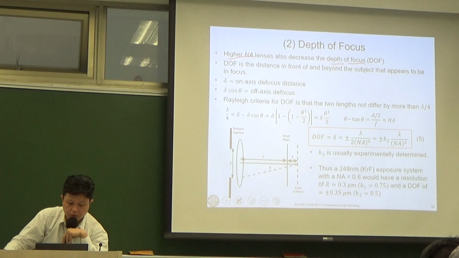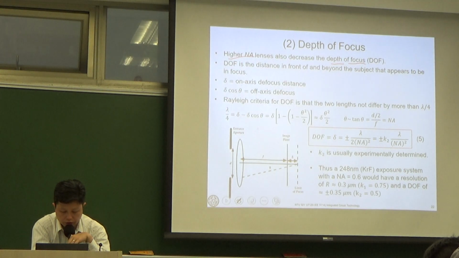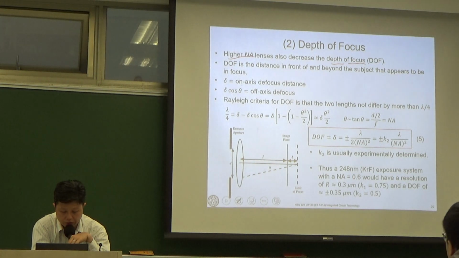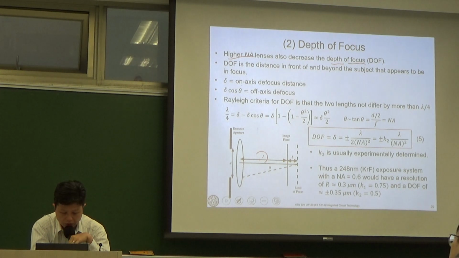Okay, so we can use this figure to explain what depth of focus is. Again, we use this focusing lens to focus the light, and this is the focal length of this optics. Supposedly we place our image plane at this focal distance f, so we can get very well focused light on the image plane.